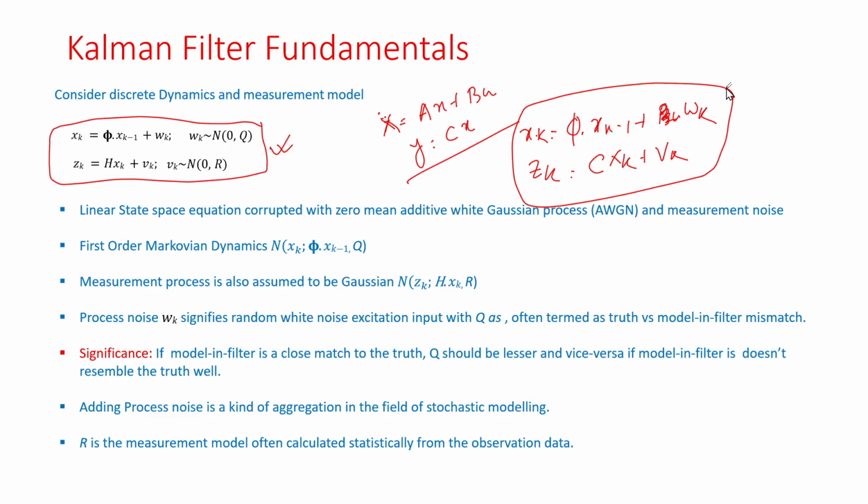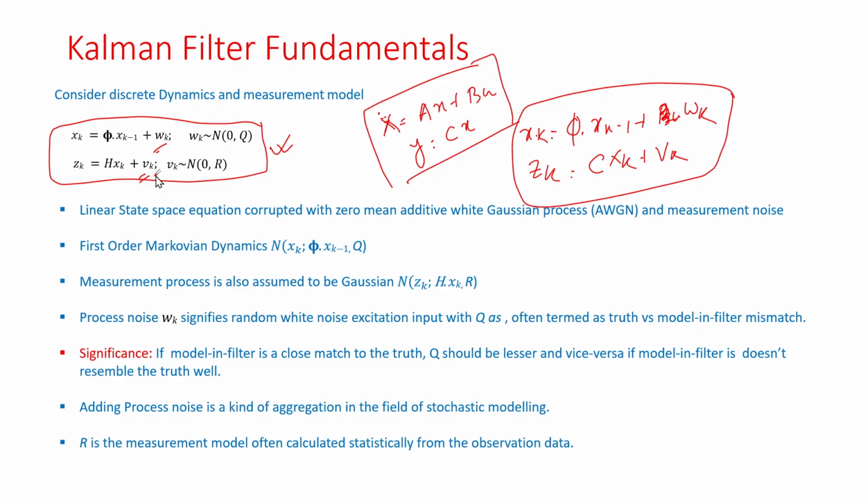The concept is that when you go from continuous to discrete, this is a continuous model and this is a deterministic model, where a control input U is there. But here, instead of a control input, what do you see? You have some white noise. In a process, the white noise w k is called the process noise and v k is called the observation noise.